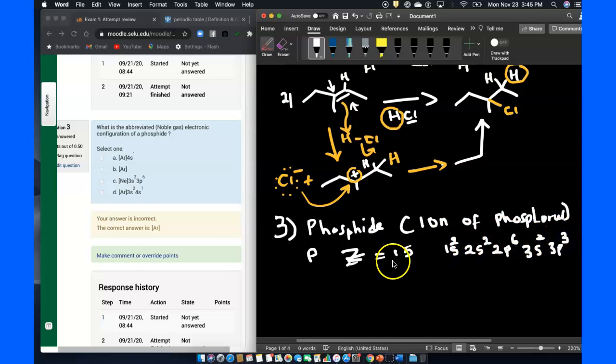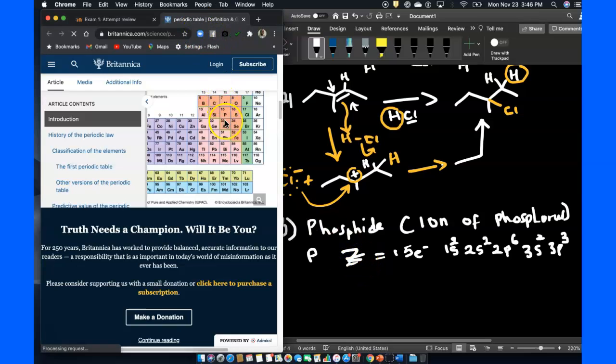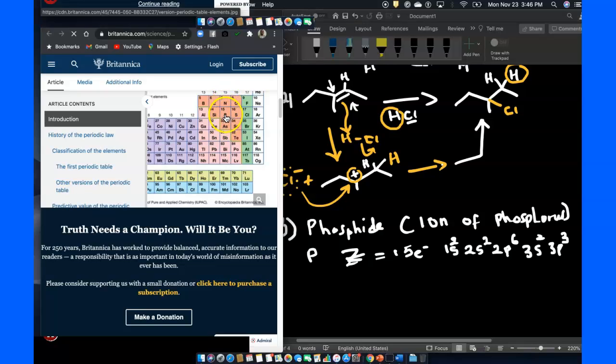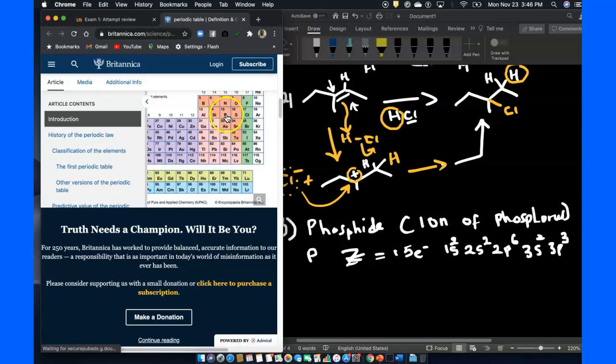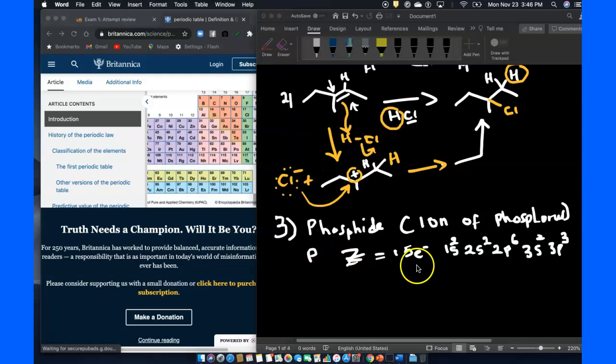That accounts for the 15 electrons in phosphorus. But now it's a nonmetal. If you check the periodic table, you will see that phosphorus is right here. Actually, it's 3 steps away from argon. So it should react by gaining.